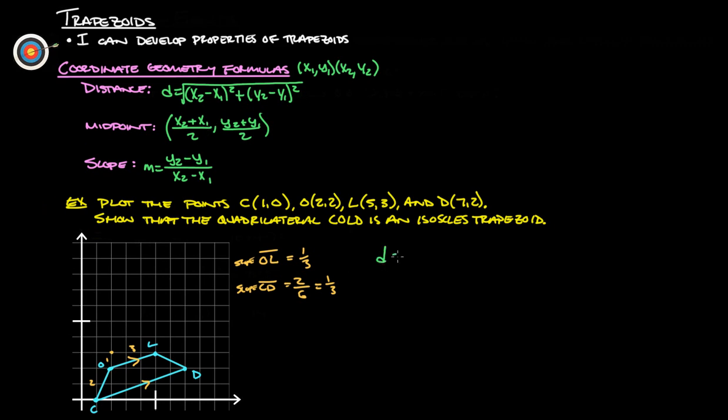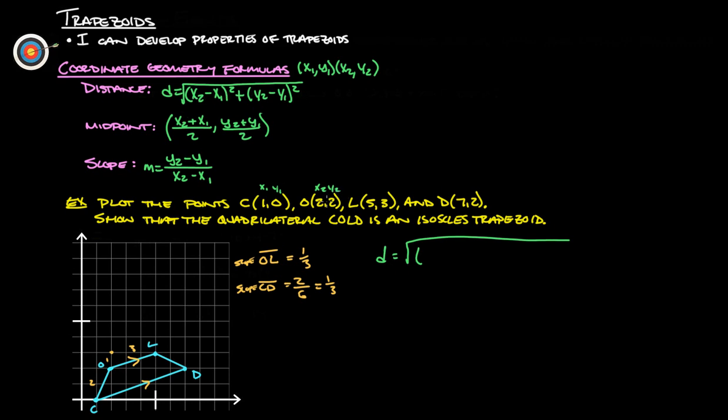So distance equals the square root of, from C to O. We're going to do this a couple of different times. C is (1, 0). Let's call this x1, y1, x2, y2.